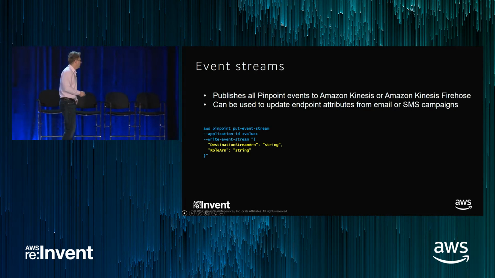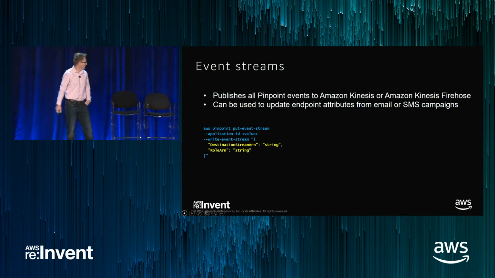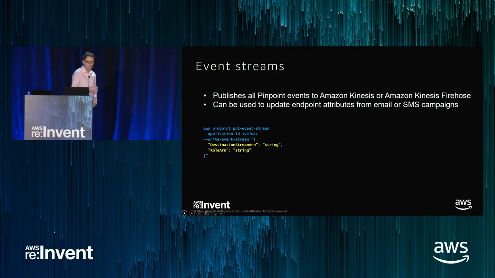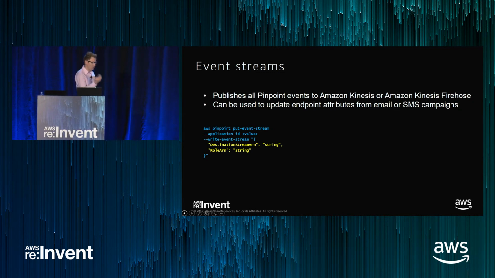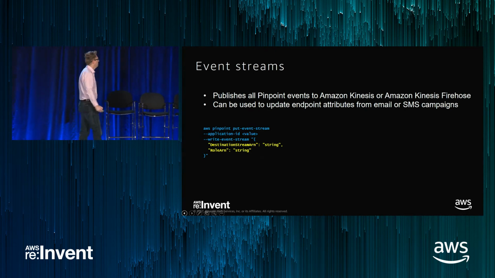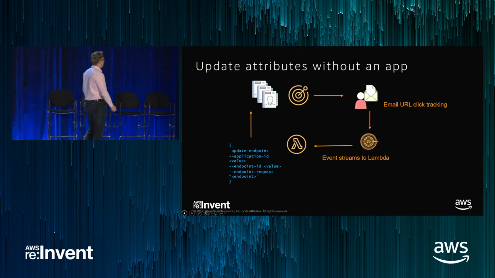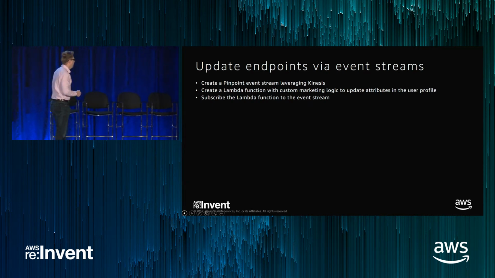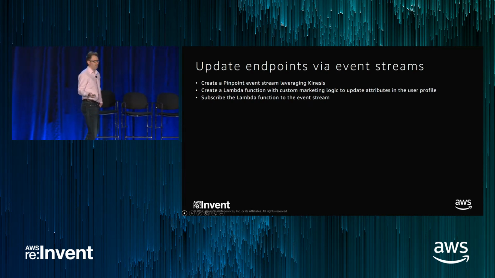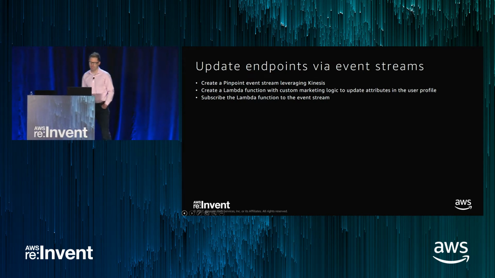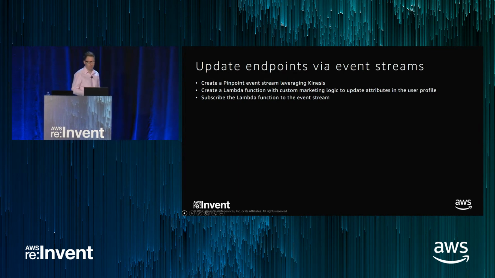So to enable event streams, very simple. From the command line again, it's just Pinpoint put-event-stream, give it the stream ARN and a role ARN. So you'll go into Kinesis, create the stream first, and then provide the ARNs to Pinpoint. Here's how it works. So I create a Pinpoint event stream. I'm going to create a Lambda function that actually pulls events from the Kinesis stream. And in that Lambda function, I'm going to update the attributes using that update endpoint call.